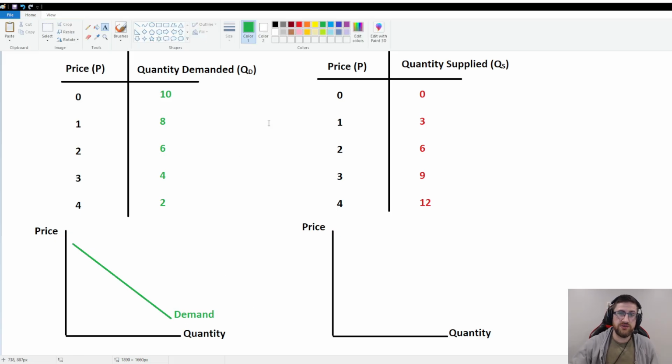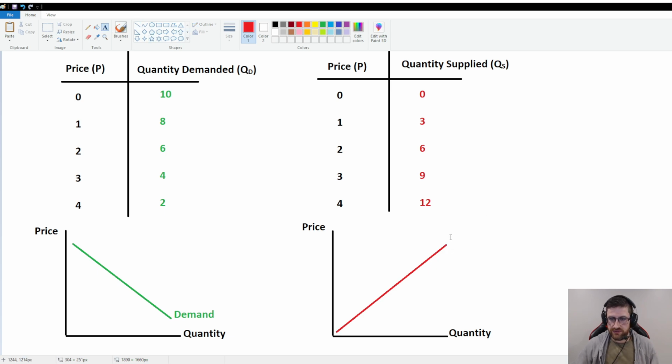Now, supply is going to do something different. You'll remember that as price gets higher, the quantity supplied also gets higher. So that means that at low prices, we have low quantity, and as price rises, we get more quantity, which means we get a curve that looks like this.